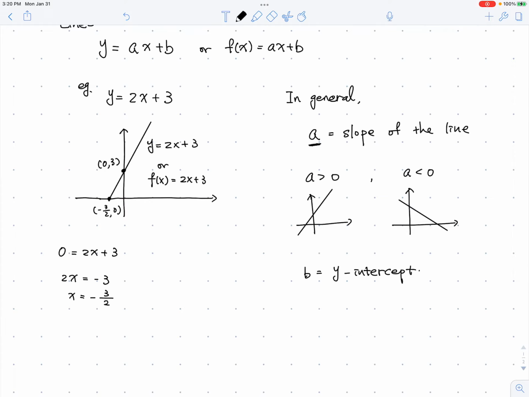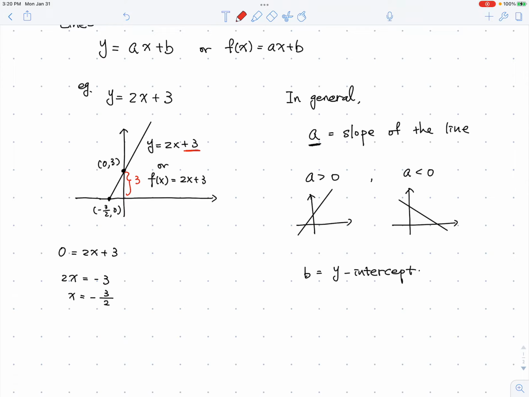So for example, here b is equal to 3. The y-intercept is the distance of the intersection point on the y-axis to the origin.